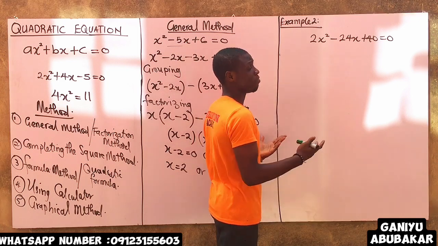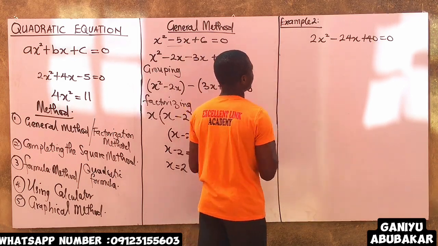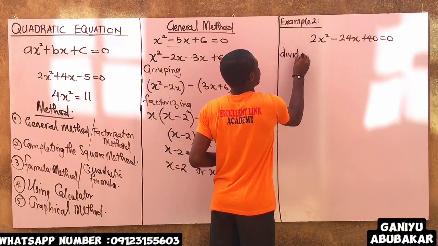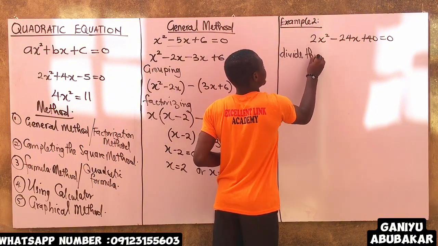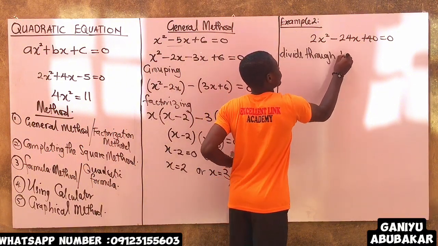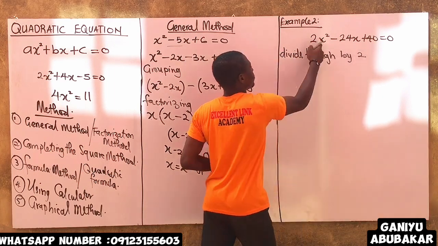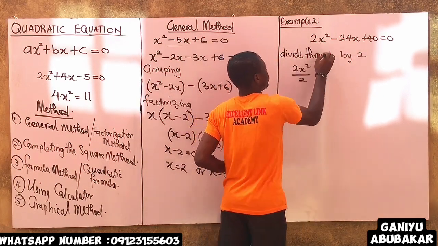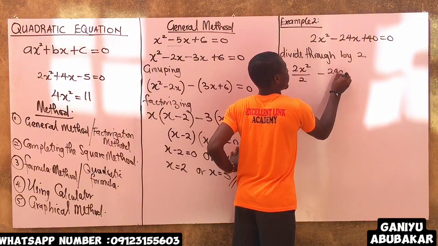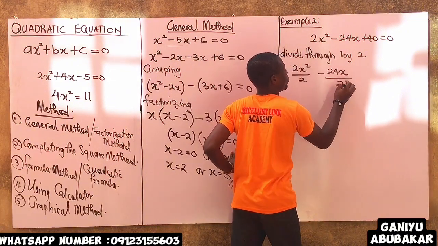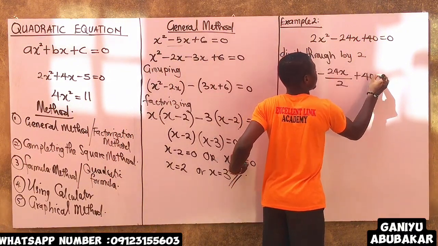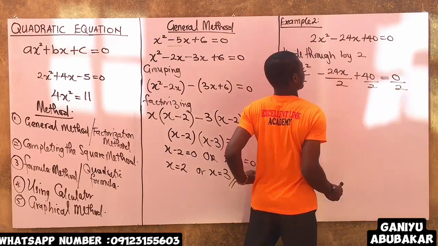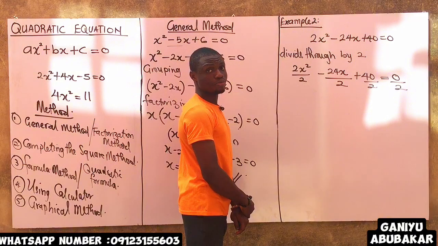My first task is to divide through by 2. It means that I'll have 2x squared all over 2 minus 24x all over 2 plus 40 all over 2 equal to 0 all over 2. So I'm dividing through by 2.